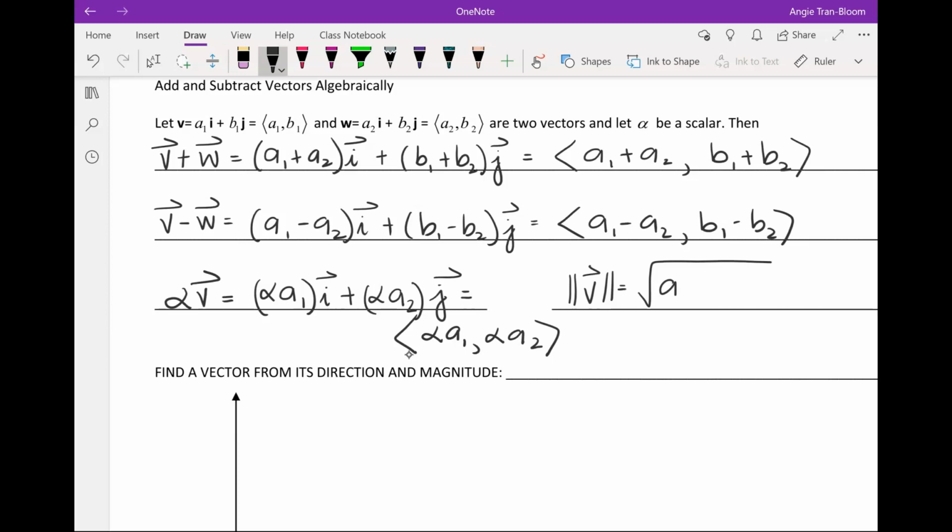The absolute value of v. So a1, what? Wow, okay. You guys need to wake up. What is the magnitude? This is so important. You can't go anywhere without knowing the magnitude. Find the definition of magnitude for me, please.